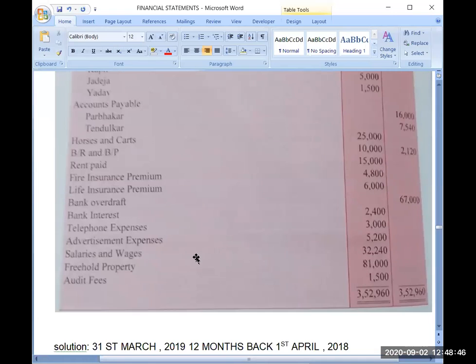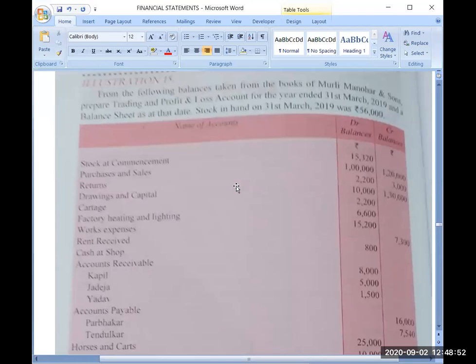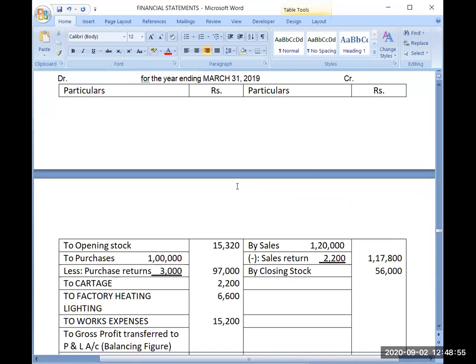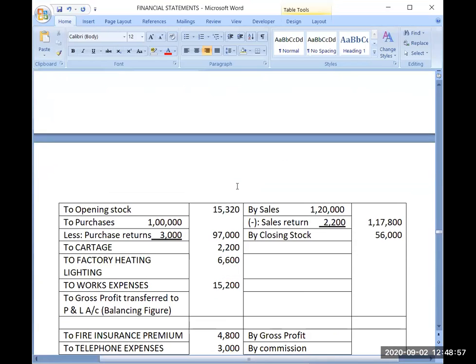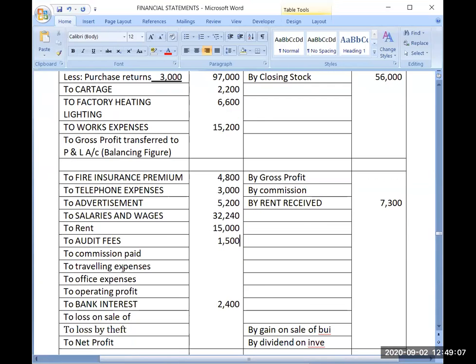So you can see we have posted all the accounts in this trial balance in our statements. So now we will calculate the gross profit, then net profit.